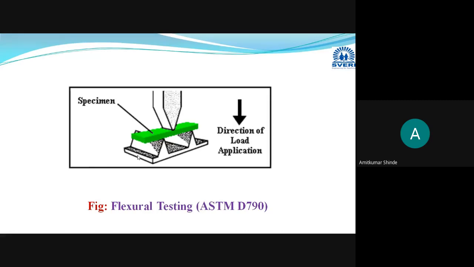I think already we have discussed this, or you may have studied this in strength of materials or in metallurgy. If someone is aware about this ASTM, please put that in the chat box. Okay, no one is providing a reply. It is American Society for Testing and Materials. Okay, ASTM standard.